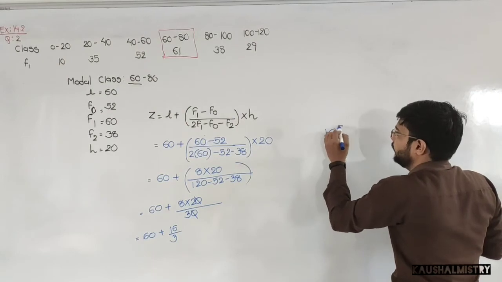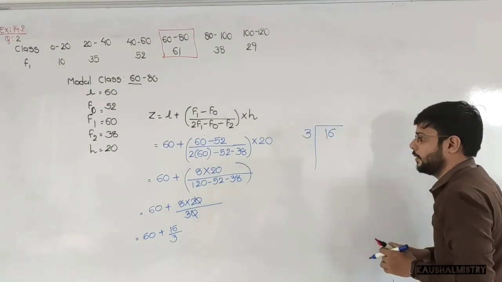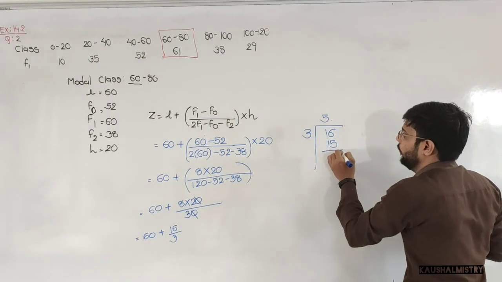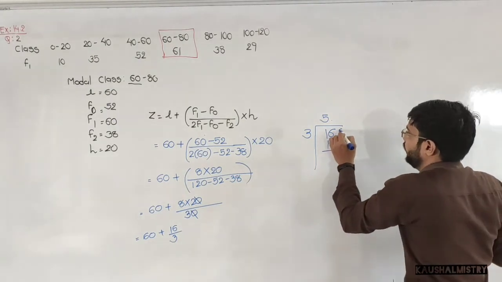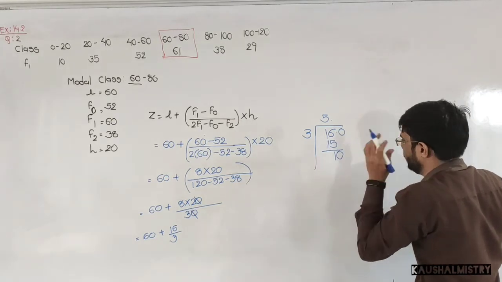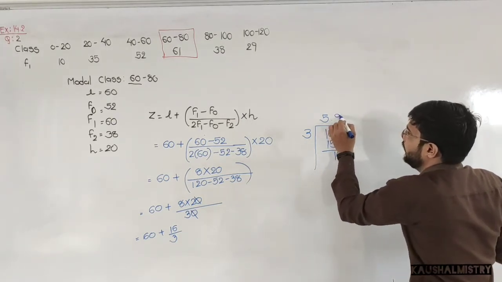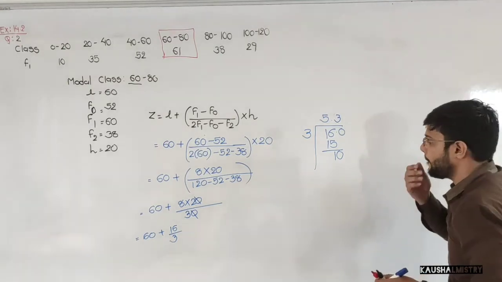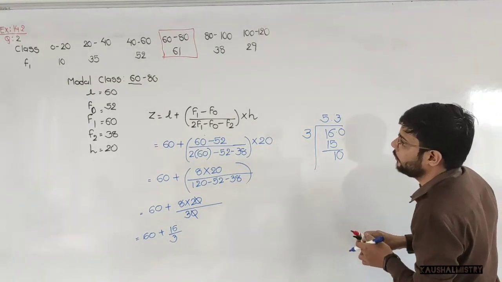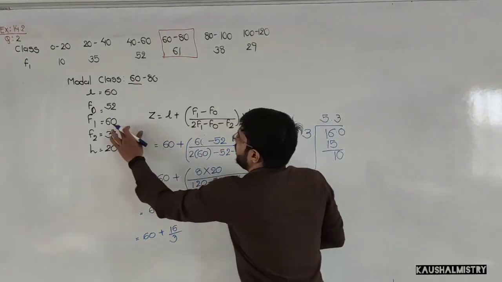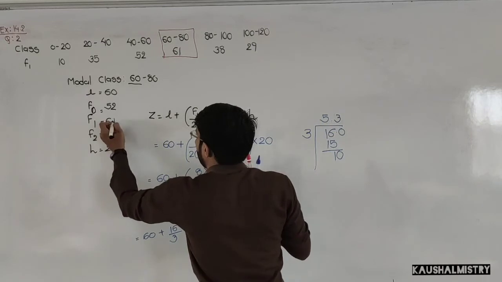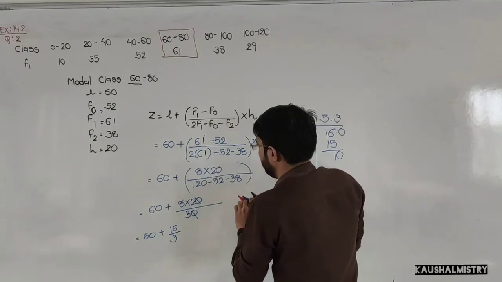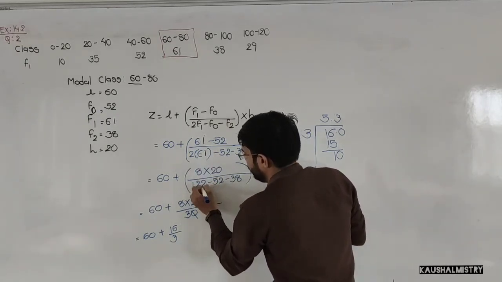Here F1 is 61, so this will be equal to 122.